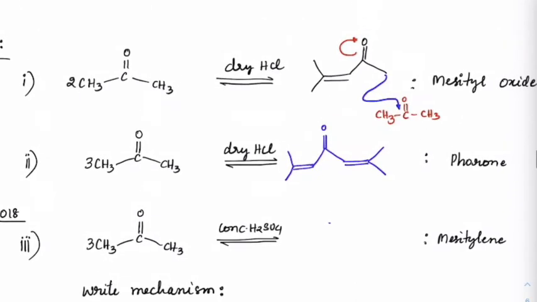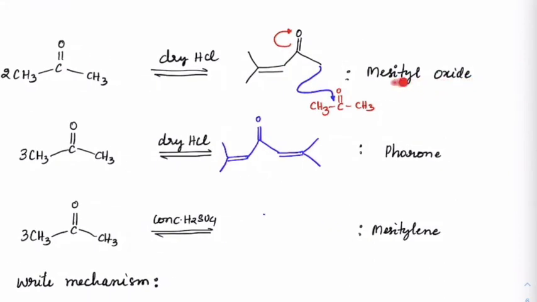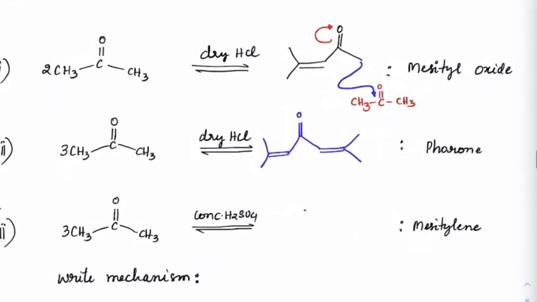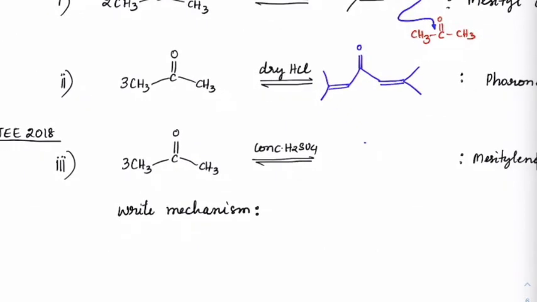So if an alpha beta unsaturated ketone is formed from acetone, it is called mesityl oxide, and if 3 moles of that alpha beta unsaturated compound are forming, then it is called a 4-one. Now this was a question asked in 2018: if I take 3 moles but instead of dry HCl, I take concentrated H2SO4.